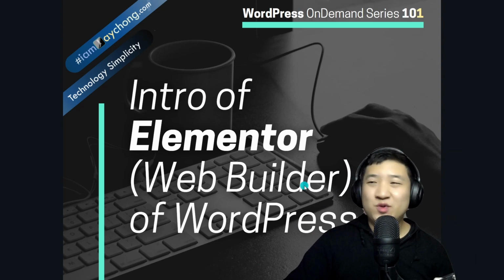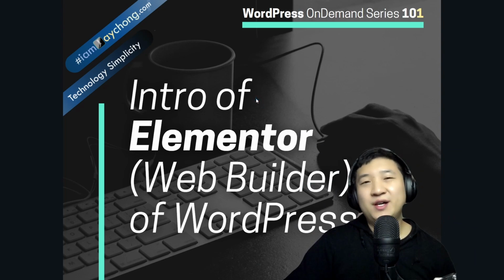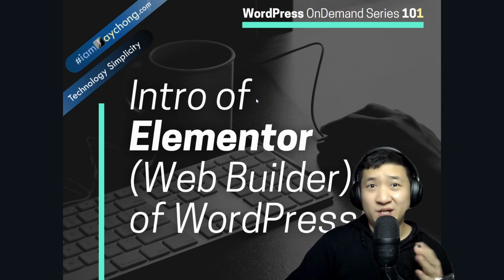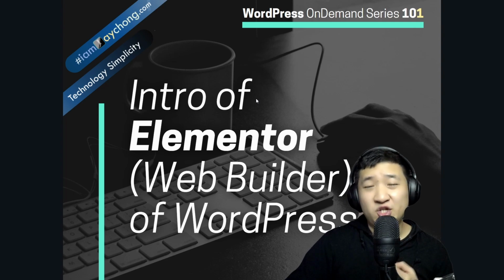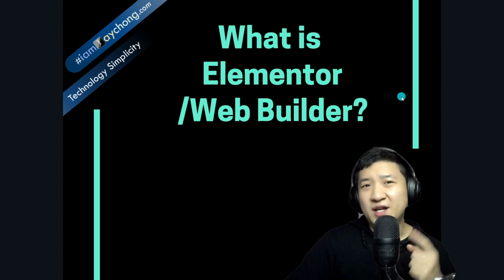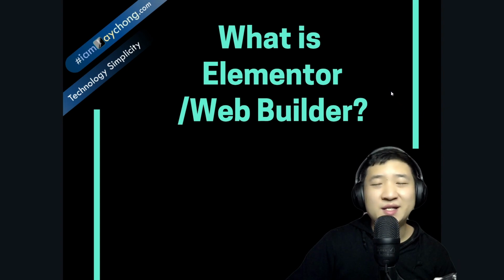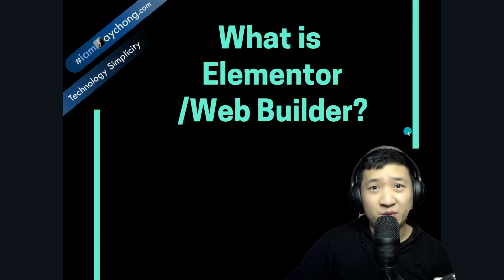Today I'm going to share with you what is Elementor, and I'm going to demo to you shortly how to create a page on the spot without a single line of coding. So the very basic and first question is, what is Elementor or what is a web builder?